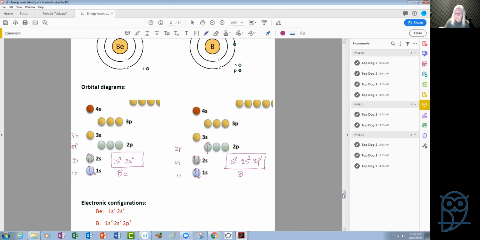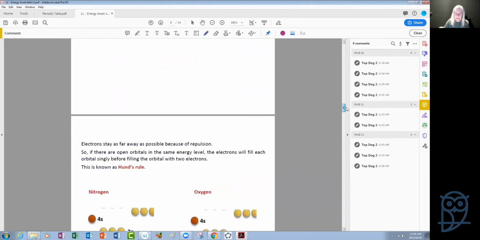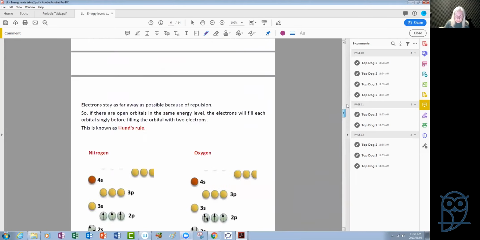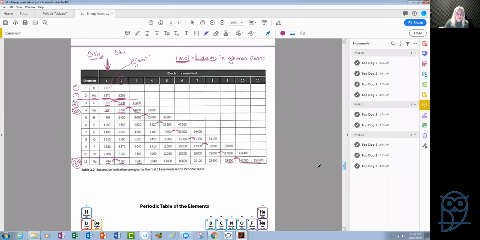And in fact, if we want to see the table for beryllium and boron, let's see how much is the, where is this table? The beryllium and boron, the first ionization energies. These are the 2 ones that we are interested in. For beryllium it is 900, for boron it is about 800.